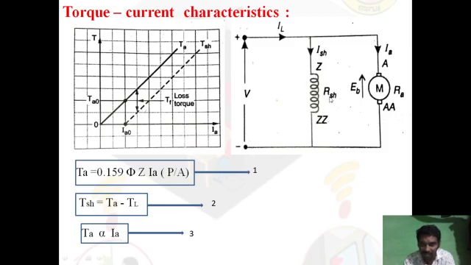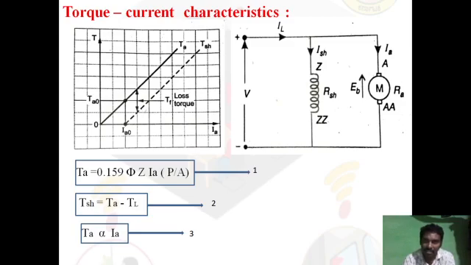RSH is the shunt field resistance, that means the resistance of the winding placed on the stationary poles. This field winding is connected in parallel across the armature, so it is called a shunt motor, as we all know.